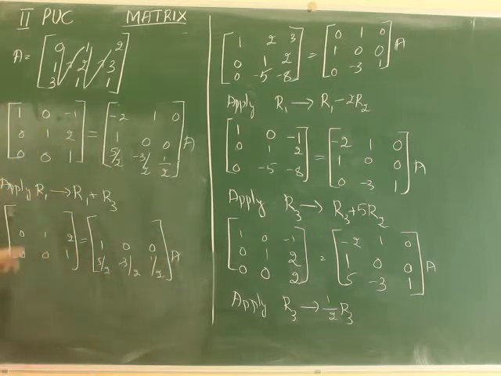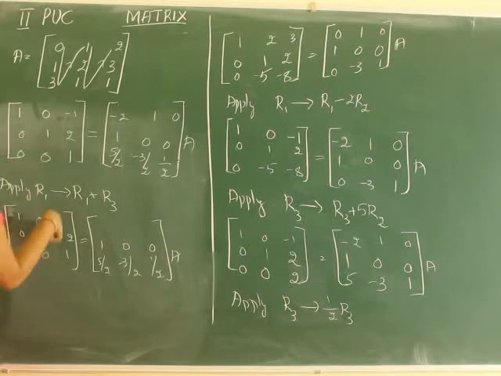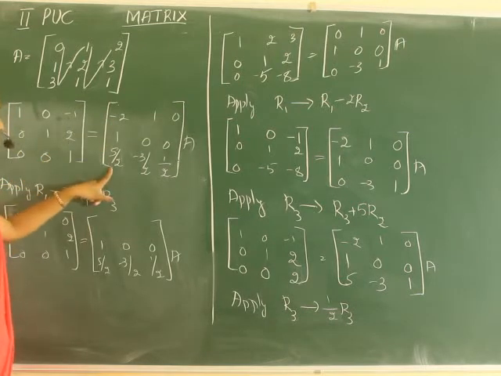into A. Now R1 changes, how it changes? R1 plus R3. So 1 plus 0 is 1, 0 plus 0 is 0, then minus 1 plus 1 is a 0. Next I have to go R1 plus R3. Minus 2 plus 5 by 2.